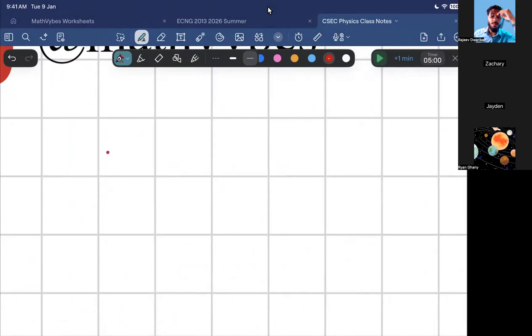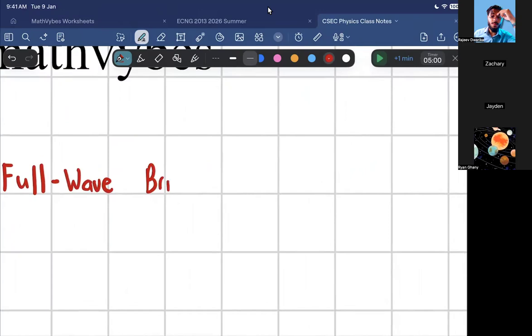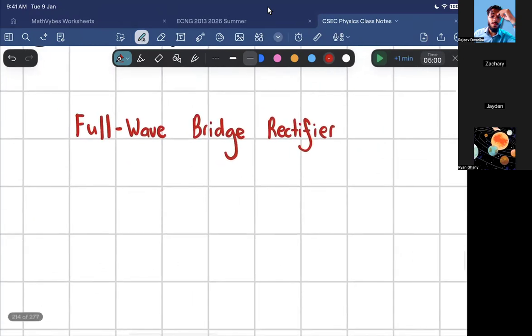So full wave bridge. Right, full wave bridge rectifier.